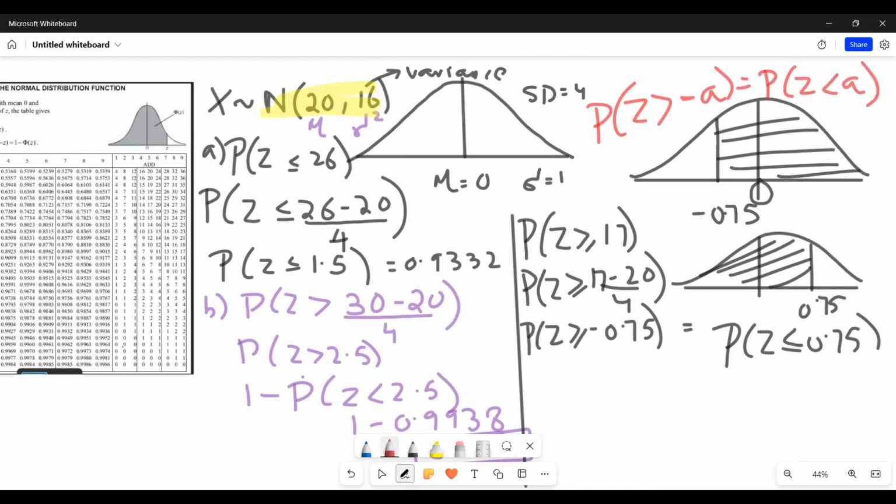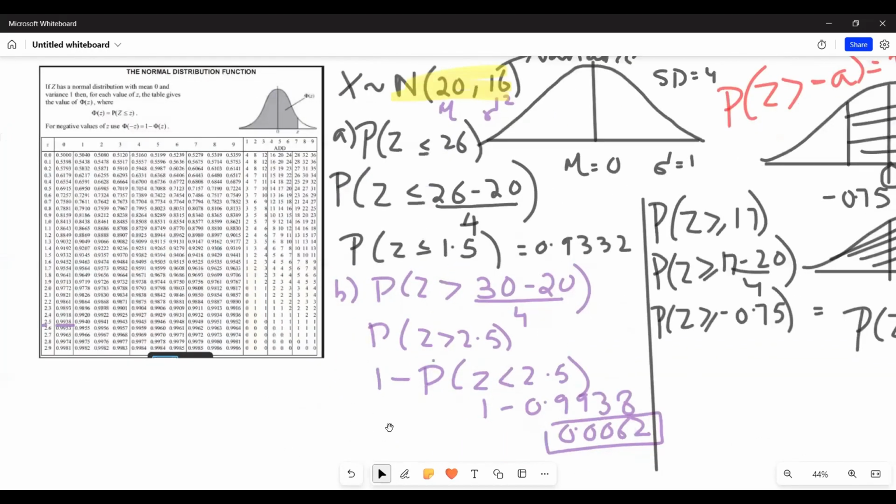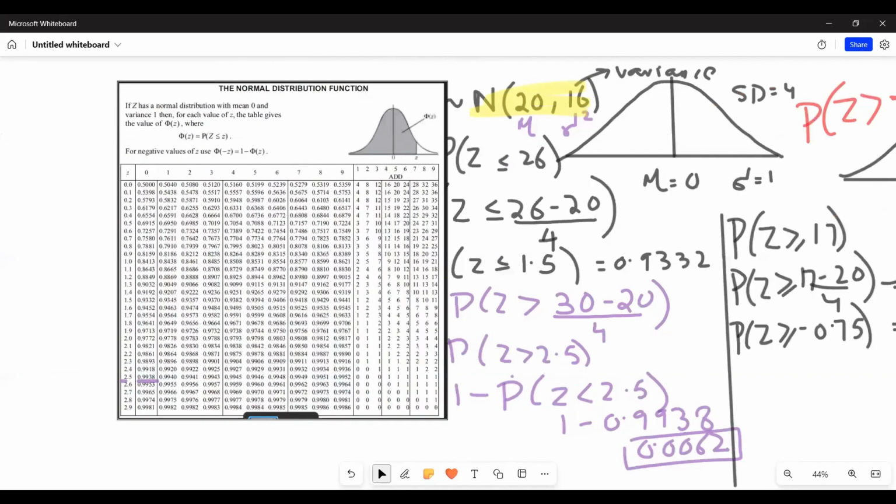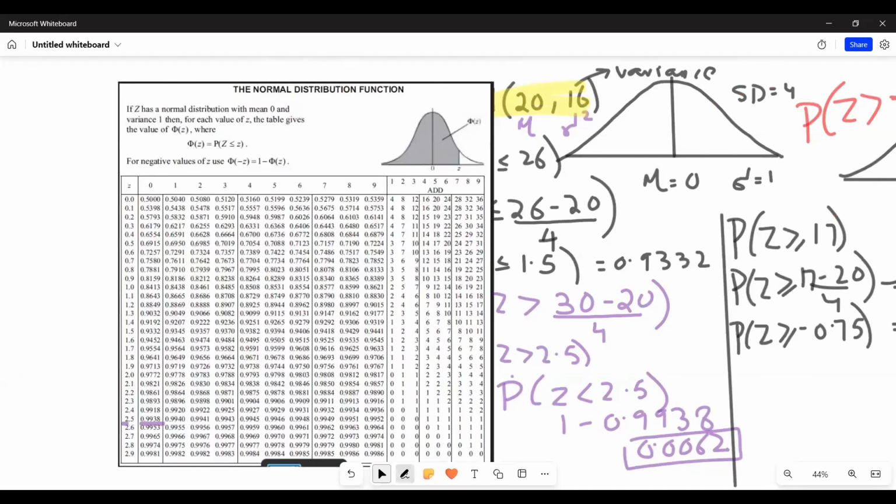This is the general formula. So 0.75 is what? 0.7 is here, 5 is here. So 0.7734.